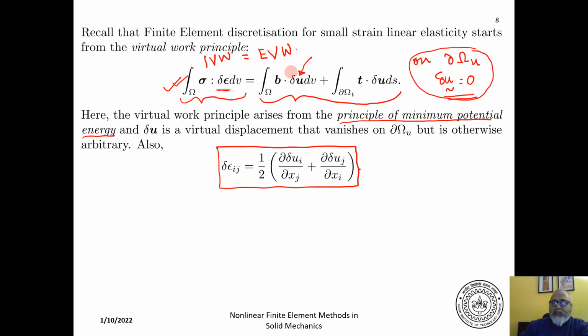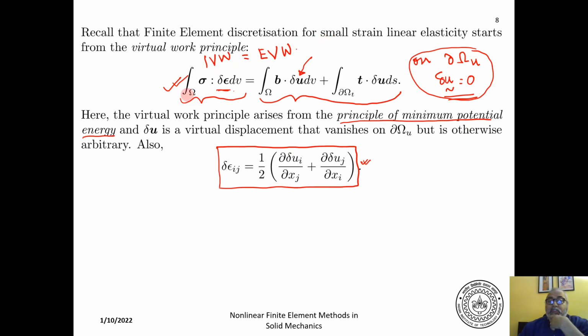So as long as you choose this kind of a function, which is known as an admissible function, so if you use an admissible displacement which leads to this virtual strain tensor, you will get internal virtual work equal to external virtual work as an identity.